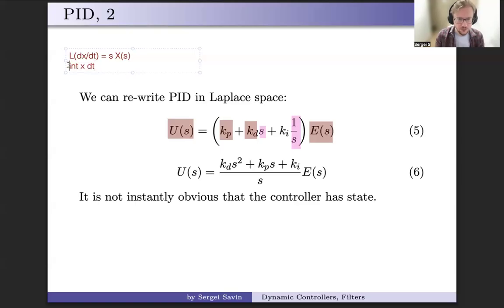If we do the Laplace transformation of that, we get 1 over s times X of s. And if you think of the integral as an antiderivative, then I think it will start making sense.